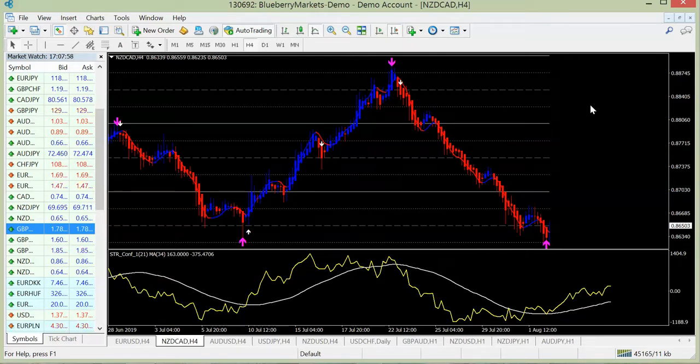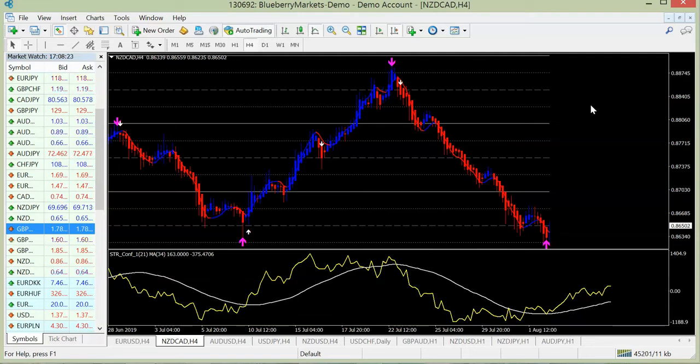They are not removing, disappearing, or anything else. And you will trade only with white arrows, but only after the pink arrow, and only in the direction of the pink arrow, and only in the direction of the trend. You will see later what I'm talking about.